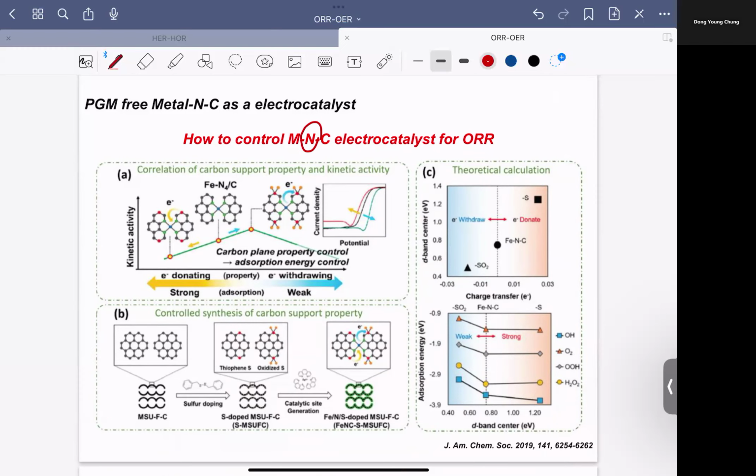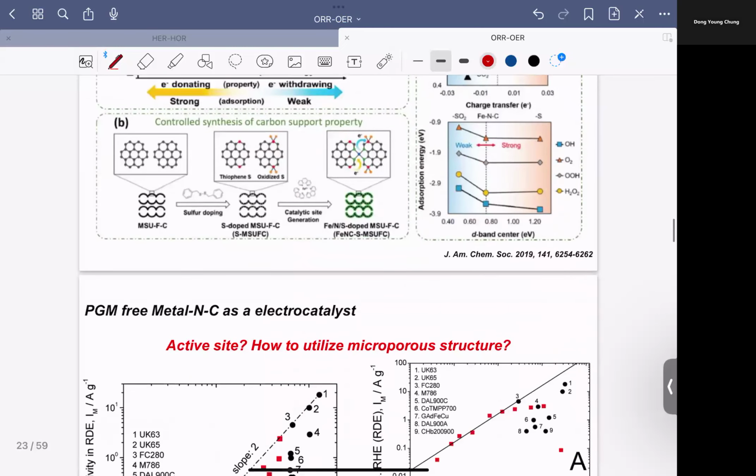So there are lots of very nice papers already published. So how to control the MNC structure, focusing on the metal side and also the nitrogen side and also the carbon side, right? But as you can see, this is not a synthesis class, so we do not want to discuss every detail about how to synthesize. So if you're interested, you should definitely check the nice papers already published. So enjoy the catalysis.